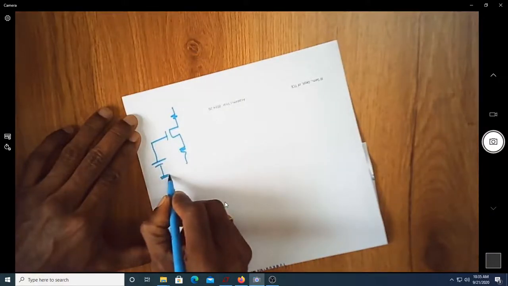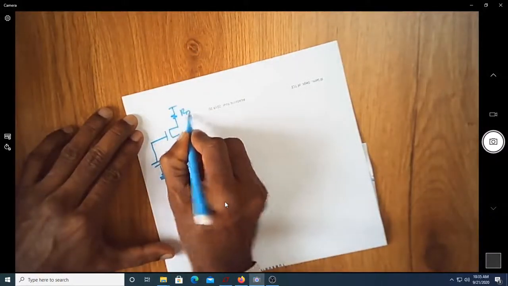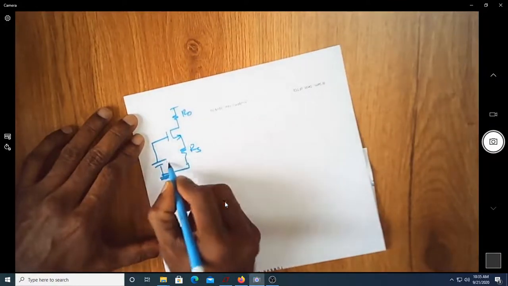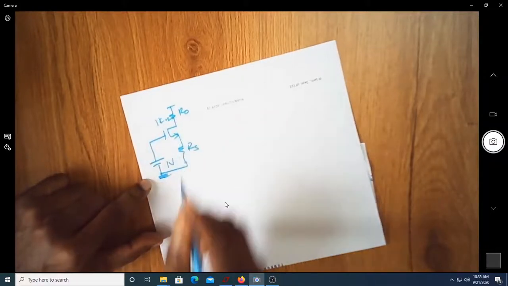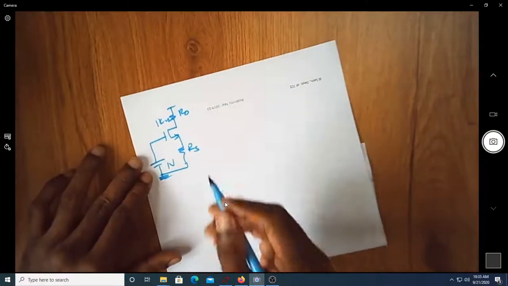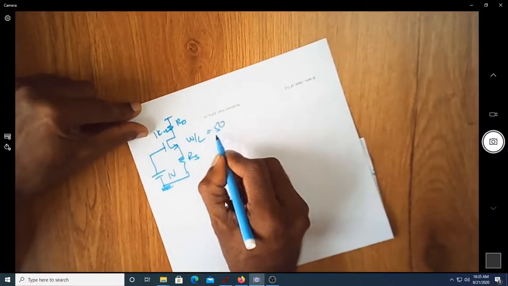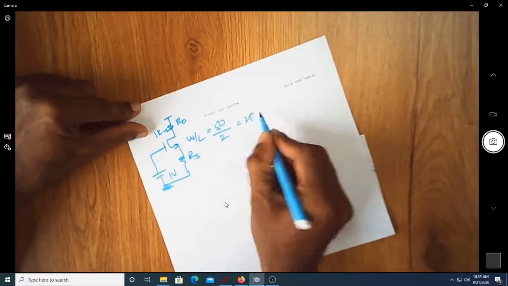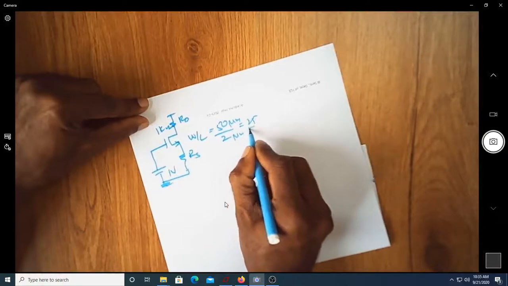We have this RS, this is RD, this is 1 volt, and we have this as 1 kilo ohm. Of course, now we can find out whether the MOSFET is in linear or saturation. Again, as I said, W by L happens to be 50 by 2, which is 25, the ratio. Of course, you can take it as micrometer, and this is micrometer, the ratio is 25.